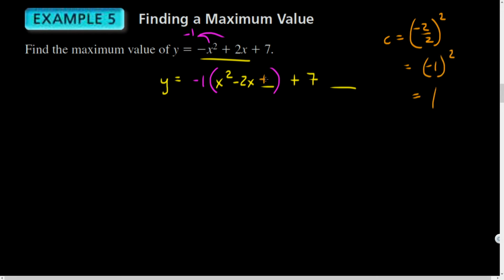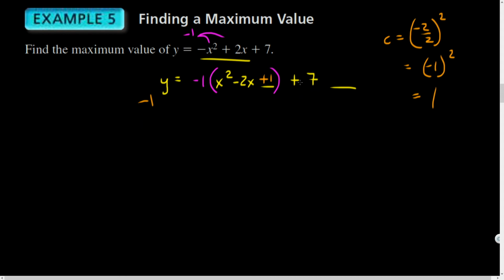And so I'm adding 1 in the world of parentheses. But notice what I'm really doing is subtracting 1. And so if I subtracted 1 on this side of the equation, I would have also had to subtract 1 on this side of the equation. And since I'm just trying to do all my work over here, I'm going to undo that by just adding 1.